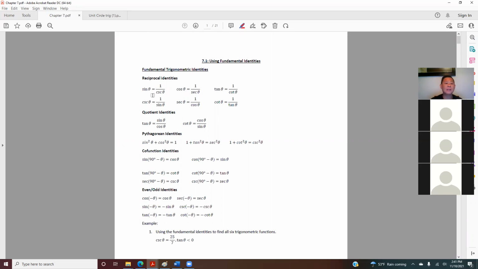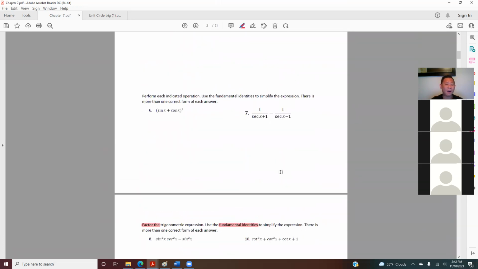Your secant and cosecant can change to sine and cosine. Your tangent and cotangent can use the quotient identity. And you can also tell that 1 plus tangent squared can change in cosine to 1 over cosine squared, and the same thing here is 1 over sine squared. So mostly these 3 identities that you see here can be changed into sine and cosine.